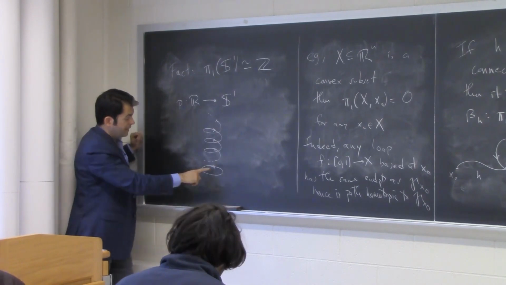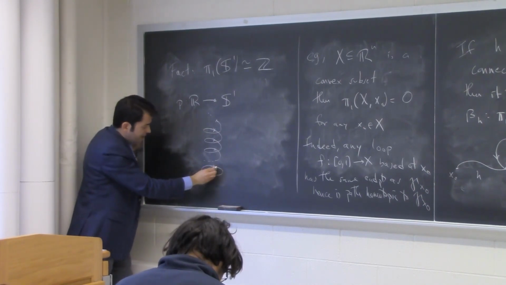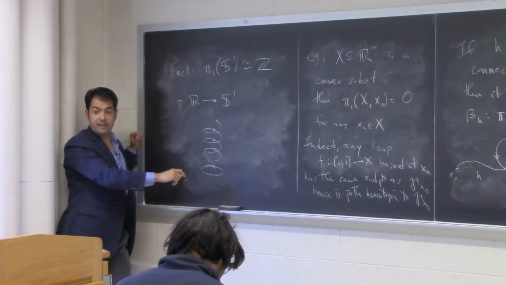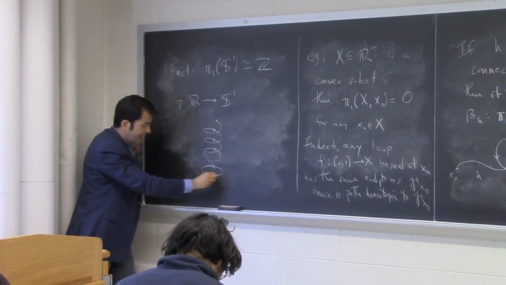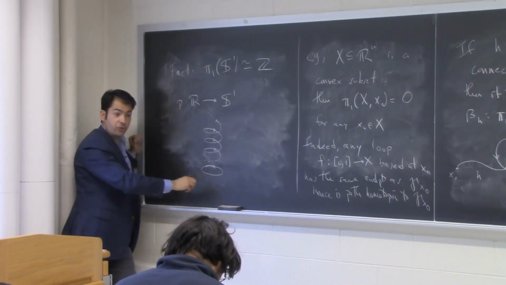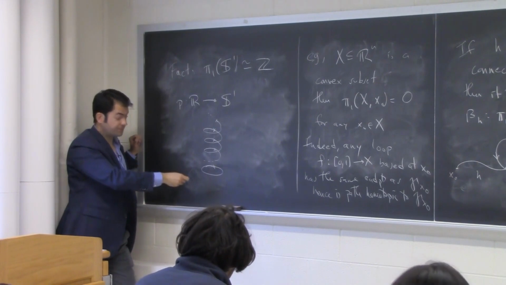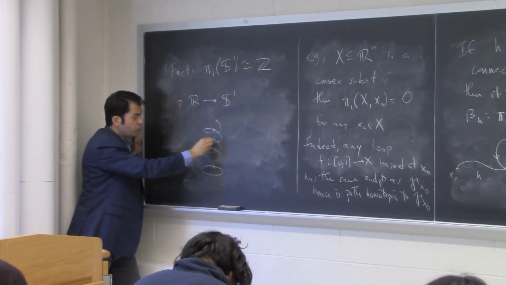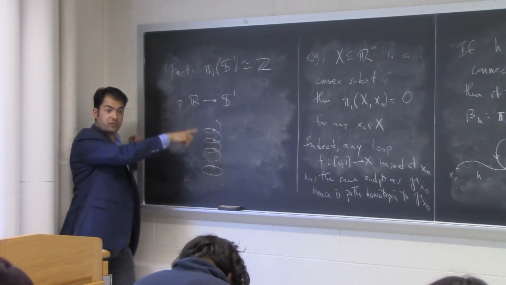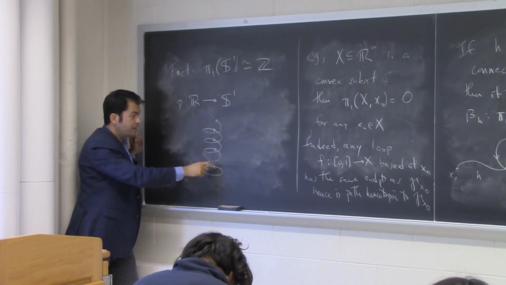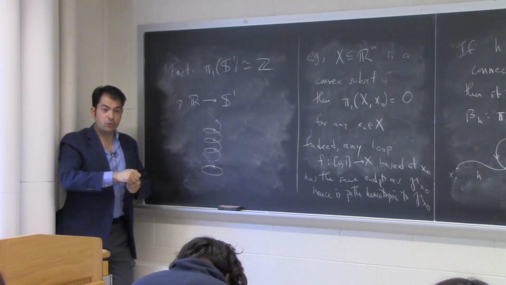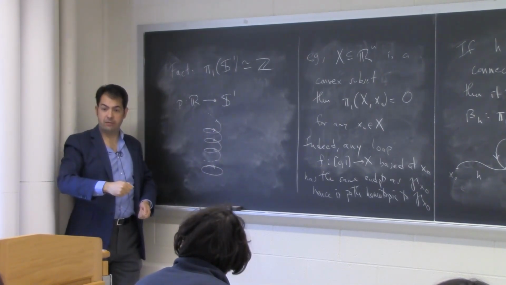And the beautiful thing about this map is that if you have some path on the circle, like a loop, you could choose any one of these points lying above it, and then once you've made that choice, there's a unique lift of your path, right?